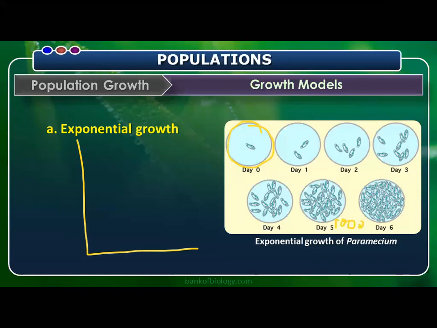Very important, just focus here. Initially it will take some time for adjustment. The time taken for adjustment is called the lag phase. Once they get adjusted, they grow exponentially. We say logarithmic phase.